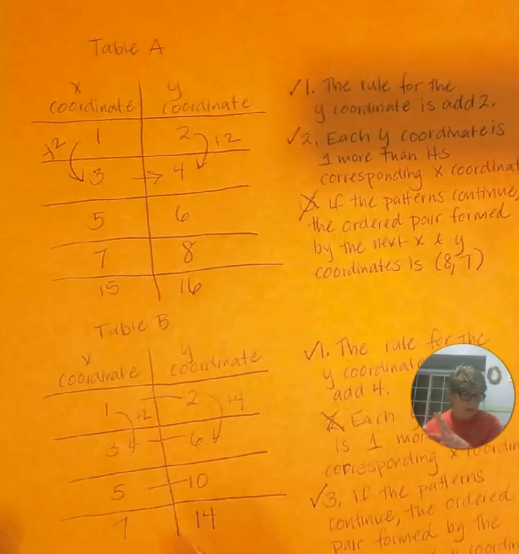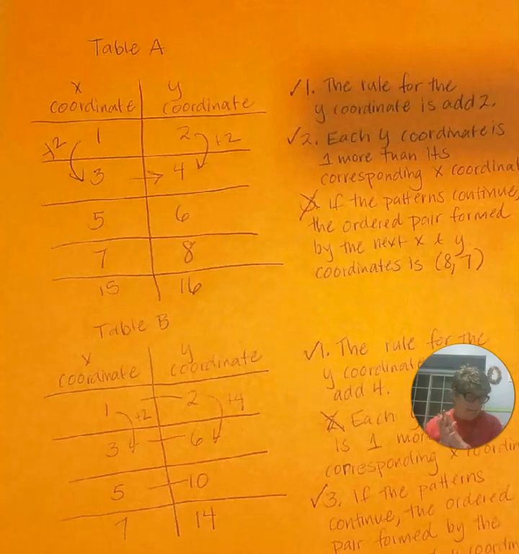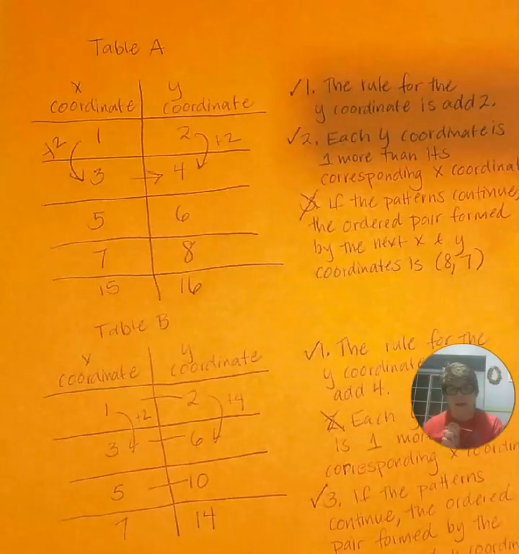So there is no number we can add. Today, we're going to describe the relationships between corresponding coordinates when we can't add or subtract a number from the x-coordinate to get the corresponding y-coordinate. And if you paid attention to the title of the lesson, you might have a hint of what we're going to be doing. All right.